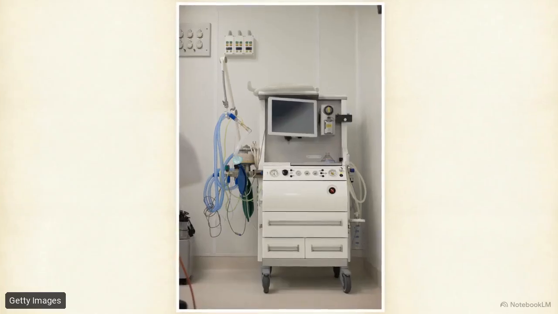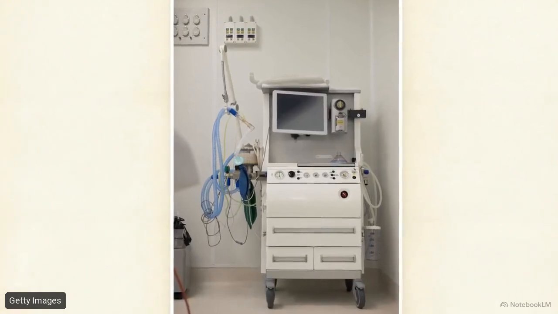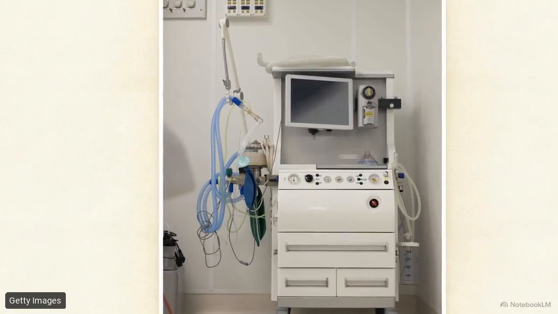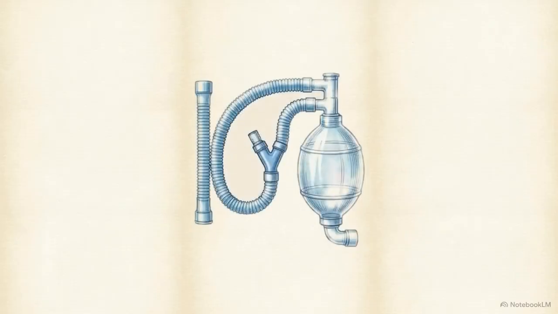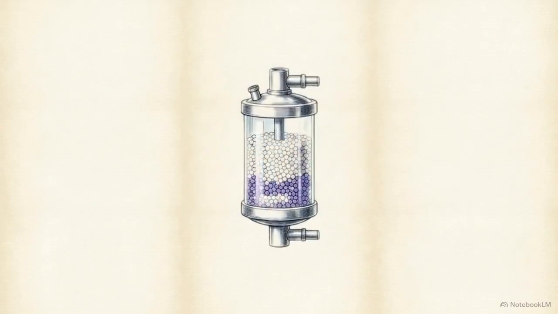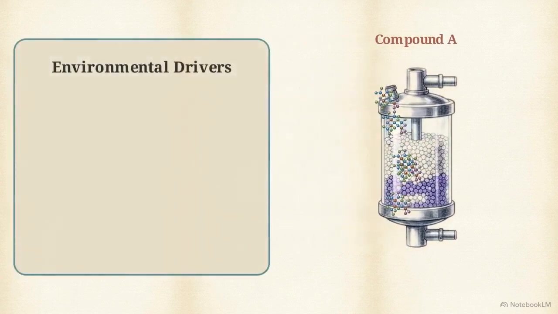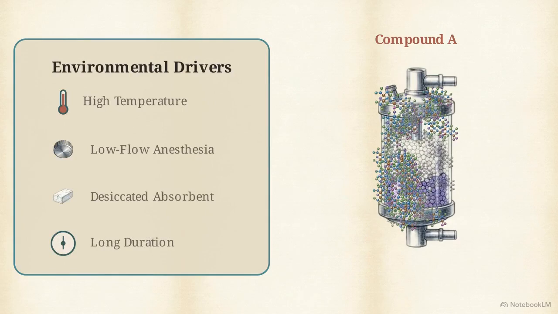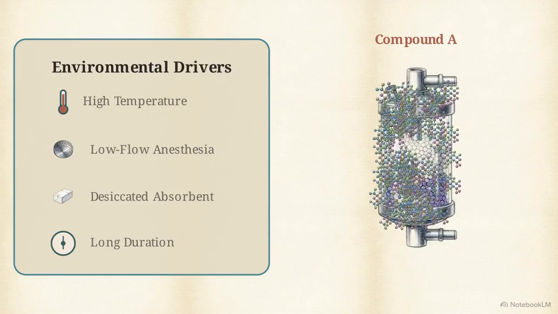A secondary biochemical risk originates externally, inside the physical hardware of the anesthesia workstation itself. When sevoflurane interacts with alkali carbon dioxide absorbents like barium hydroxide or soda lime, chemical degradation produces compound A. Its accumulation accelerates under specific environmental drivers within the circuit: high respiratory gas temperatures, low-flow anesthesia, desiccated absorbent, and long-duration cases.